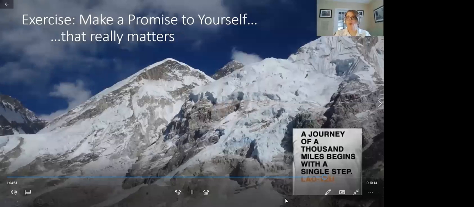So one of the things that's useful, and we're back to our Everest trek, all roads lead to Everest, it seems, is to think about this in the context of exposure. And this is something that Ethan talks about in another video, about making a promise to yourself that really matters and then taking a step in that direction. So in the context of an exposure, it might be, let's say, social anxiety exposure, right? You get anxious in conversations, and a value is wanting to connect with others, right?